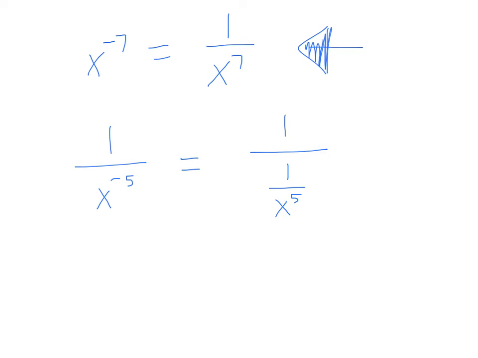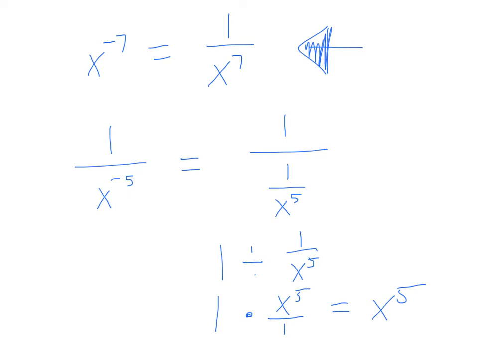But if you have 1 being divided by 1 over x to the 5th, that really means you have 1 times, because you keep, change, and flip, x to the 5th, which is x to the 5th.